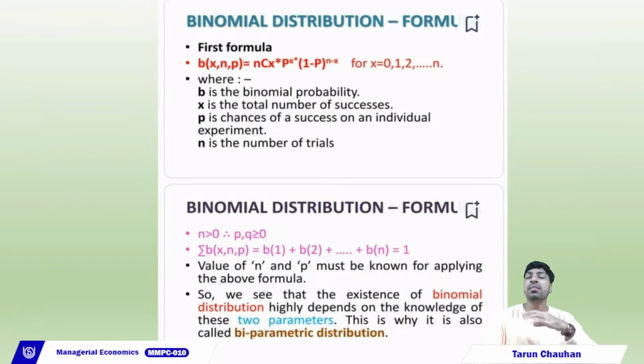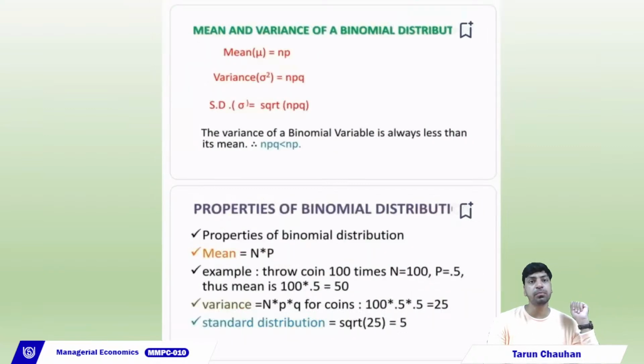Please just give a short note about the biparametric distribution. It is a binomial distribution as well. You identify binomial because "bi" has been mentioned, which means twice or two possible outcomes.